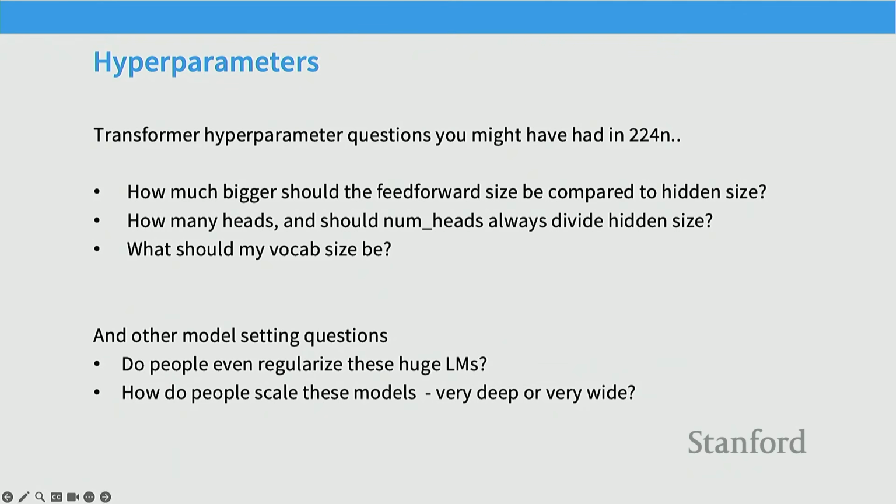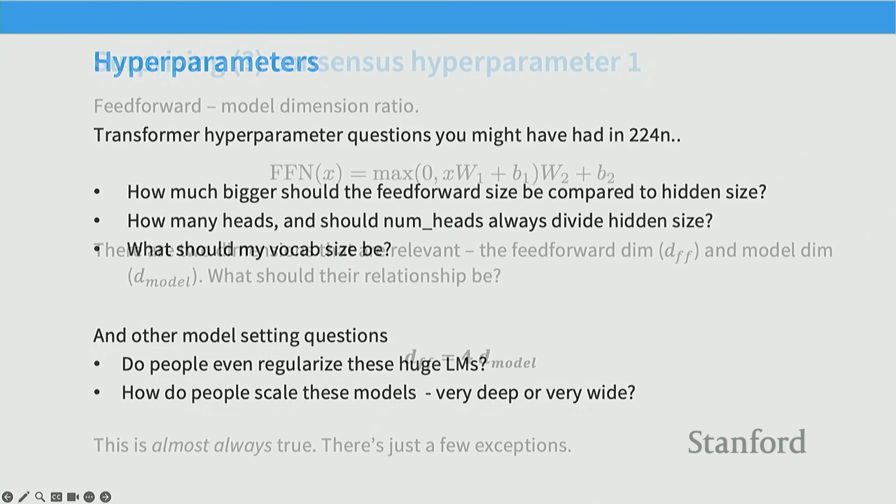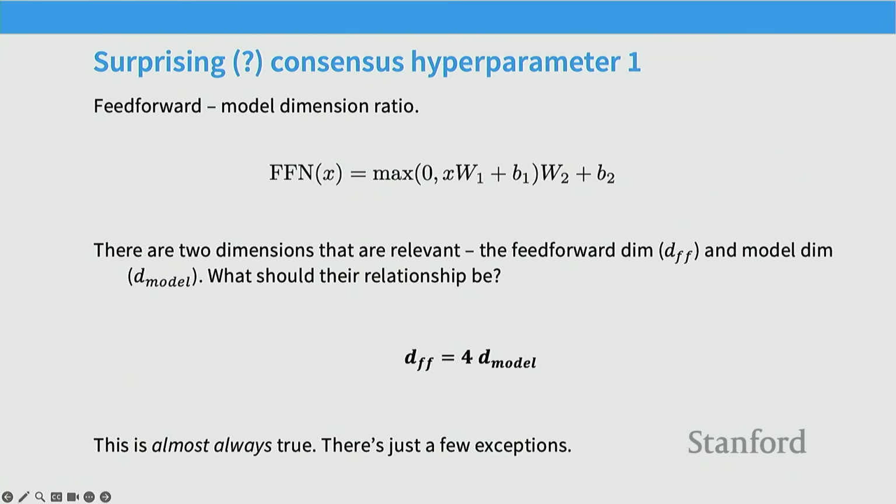There are things like how much bigger the feed-forward size should be, how many heads I should have, or what my vocab size should be. We'll talk about each of those and try to constrain the space of hyperparameters that people have. So the starting point: a simple feed-forward layer, with the bias, let's say. This is a ReLU version of it.